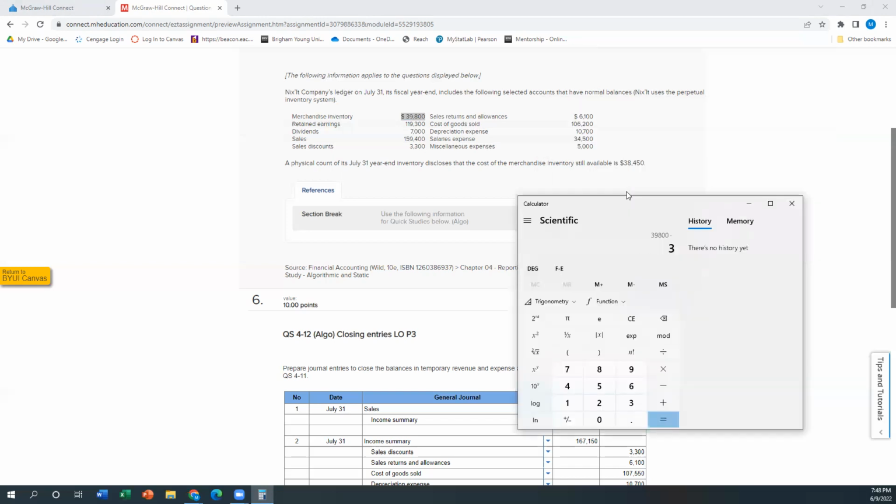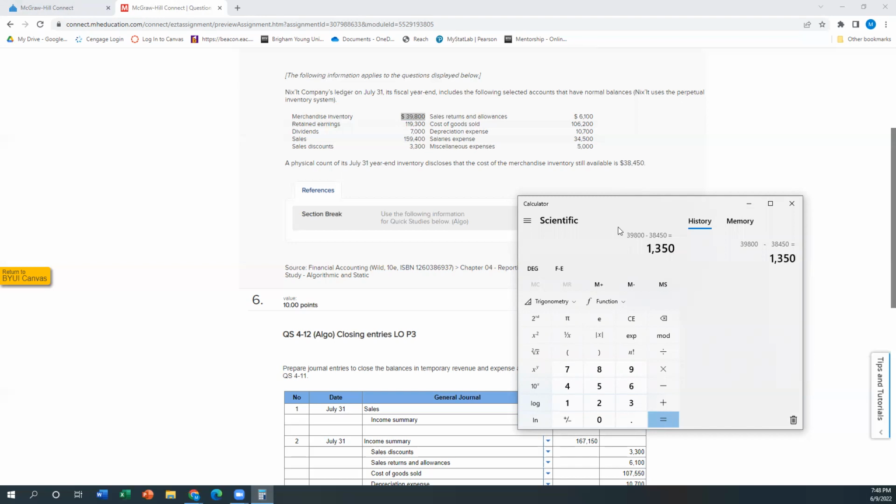That's $1,350. And our shrinkage entry is always going to be a debit to cost of goods sold, so it's just an expense called cost of goods sold, and a credit to merchandise inventory, because we're reducing the amount of asset. We're bringing the asset down to what our physical count was.